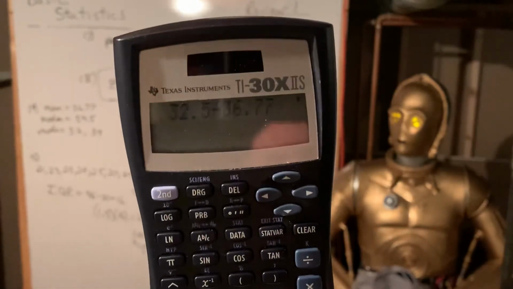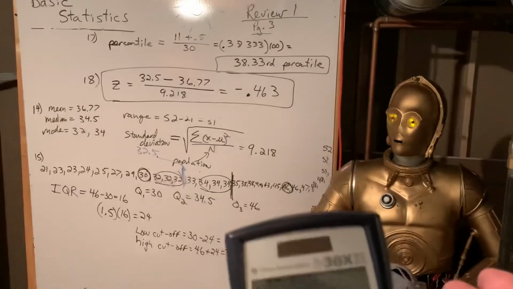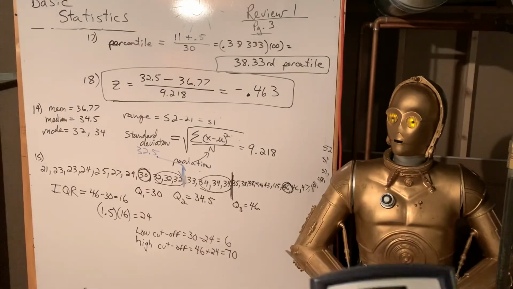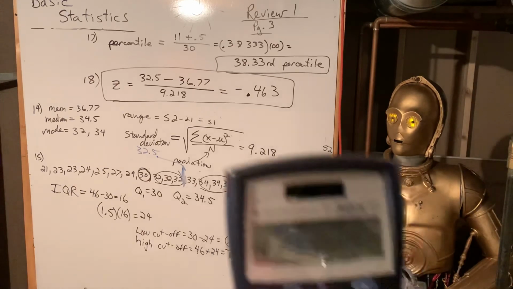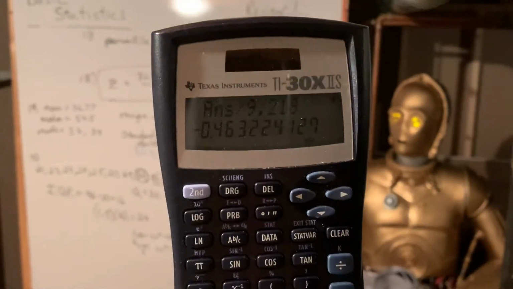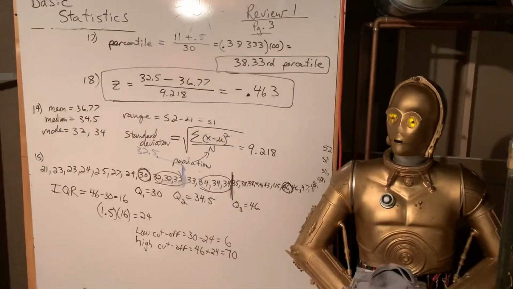All right, so you can kind of see the readout, and then hit enter. And then divide by 9.218. And then it gives you the negative 0.463224. All right, so you have to do the subtraction on the top first and then hit enter and then divide.